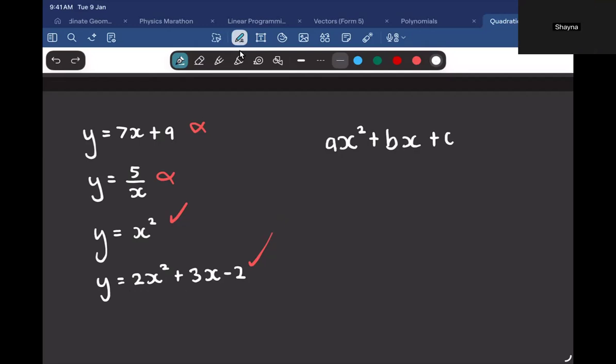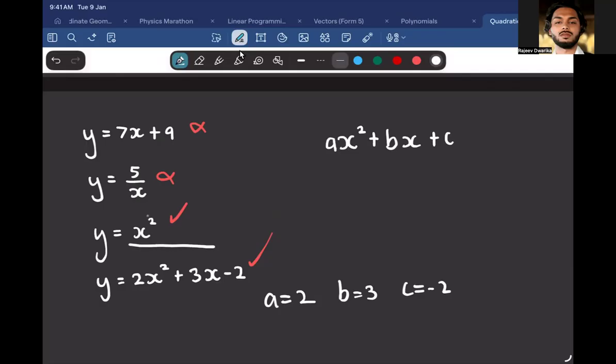A would be 2, B would be 3, and C would be -2. Perfect. Avinash, what would a, b, and c be for this quadratic? Let me see if you can figure that one out. For the third one, what is A, B, and C?